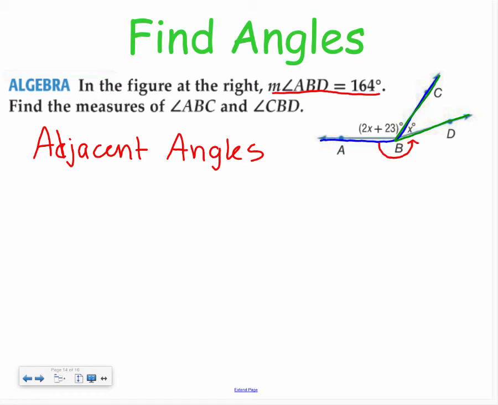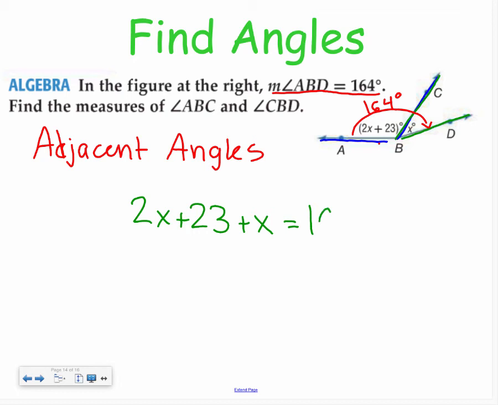So that whole angle measurement on the inside is 164 degrees. So we know that those two need to add up to 164. That's where our algebra comes back into play. So we take the measurement of the first angle, which is 2x plus 23, and we add on x for a total of 164 degrees.